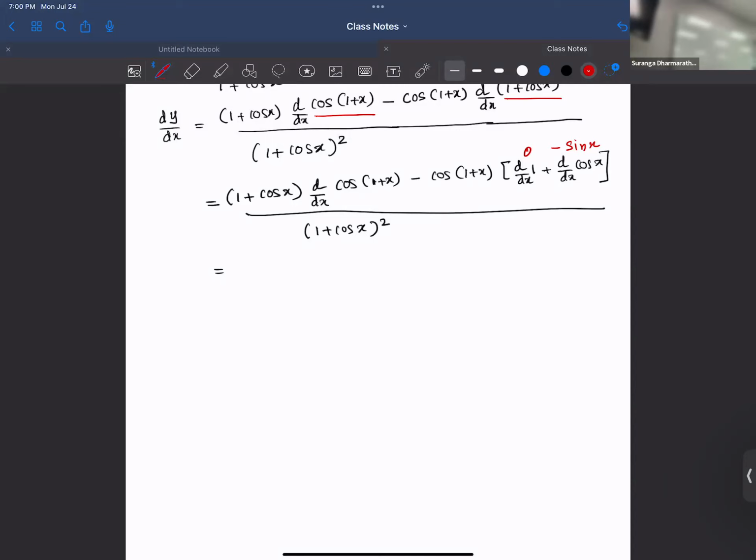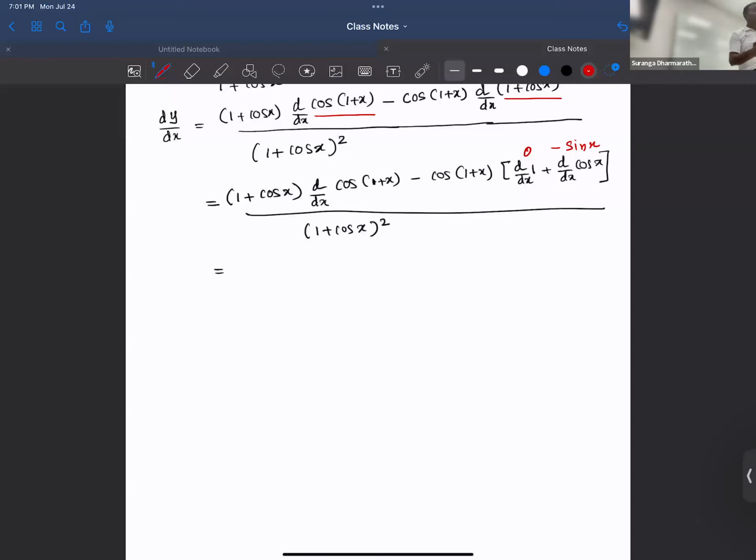Cosine(1 plus x). Do we know the derivative for cosine(1 plus x)? What do we know? It's a composite function, it's an inside function, right? If you had something like cosine x, you can do that. So instead of x, I put u. 1 plus x is equal to u.